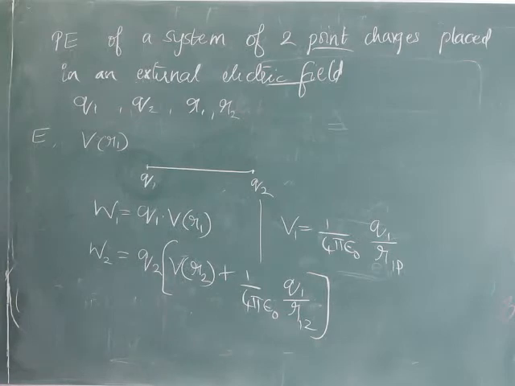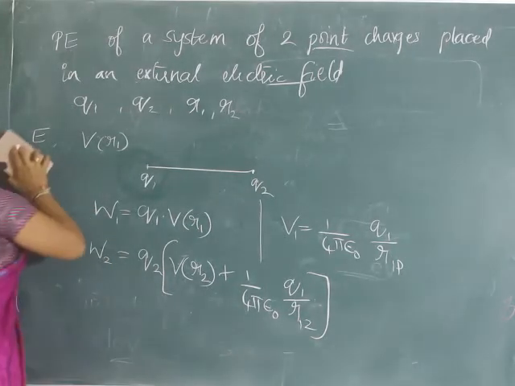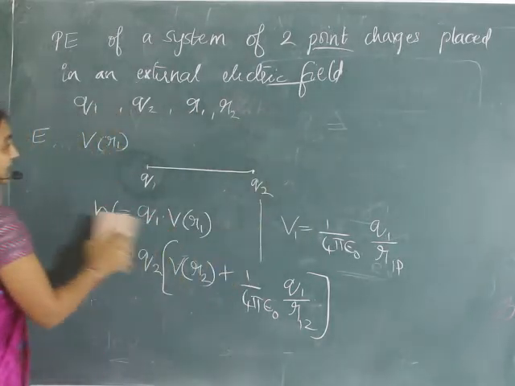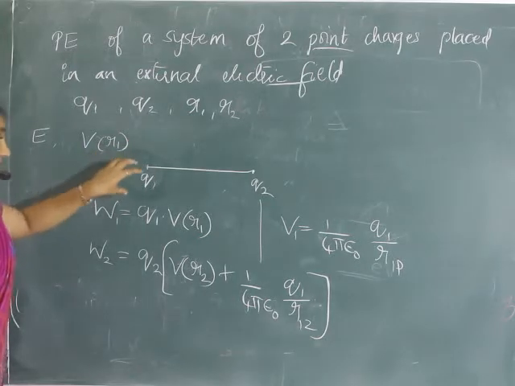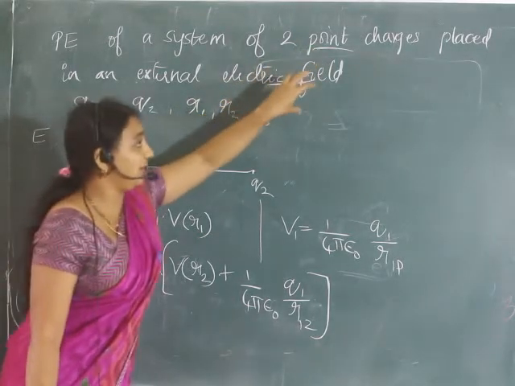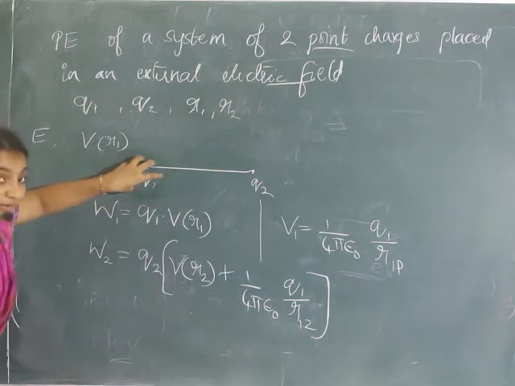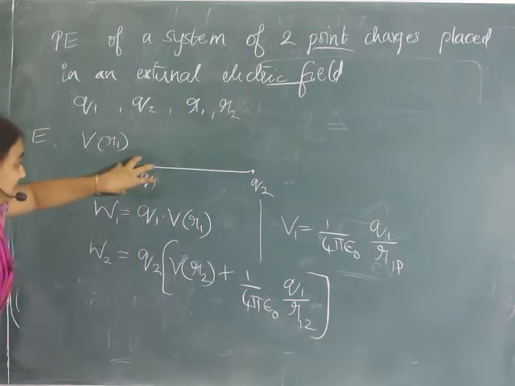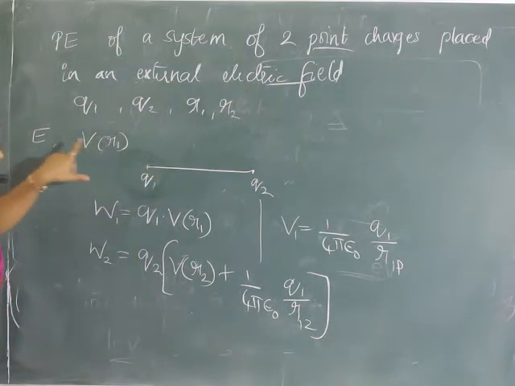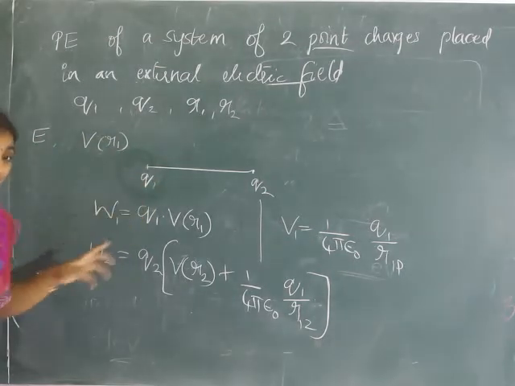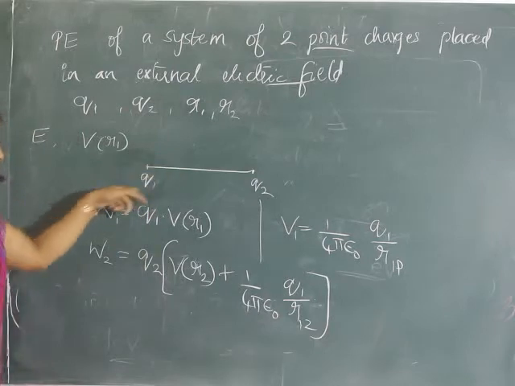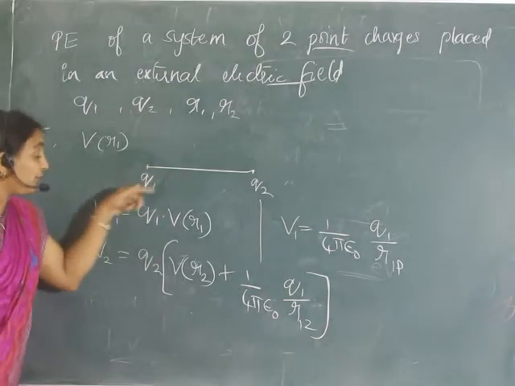Understood what it is? It is a little bit twisty. Initially there is the electric field E. Because of that, the potential developed is V of R1. In this external field, I bring one charge, Q1, and place it. It has to oppose the potential, so the work done is Q1 into V of R1.